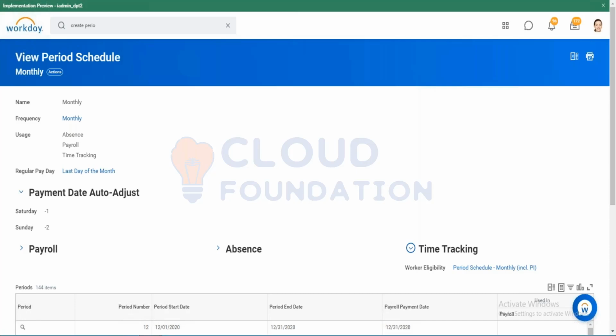For example, you have given a period schedule and you want to implement time tracking for the Poland region. Okay, let's talk about your country, Canada. You got the requirement that you want workers who are non-exempt and based out of Canada to be using time tracking.